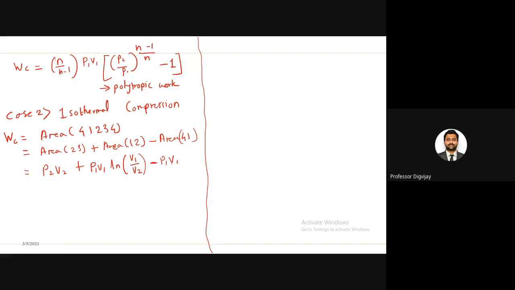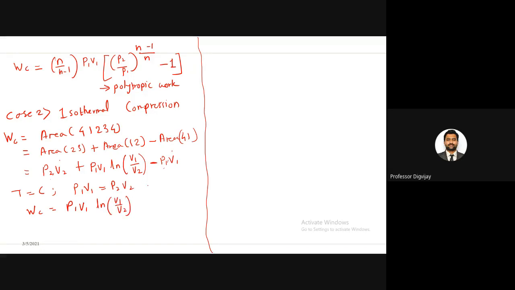Now see here, this is an isothermal compression process. That means the temperature will remain constant and the product of pressure and volume P1 V1 will be equal to P2 V2. This holds good only in isothermal processes. So as you can see, these two terms, P1 V1 and P2 V2, will be cancelled. So compression work will be solely equal to P1 V1 log V1 by V2.